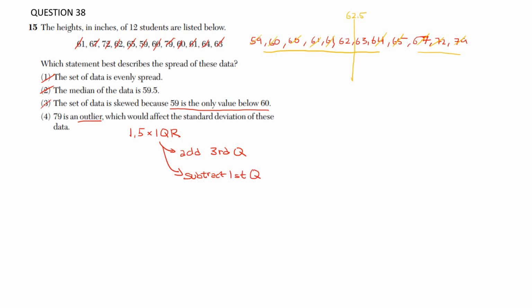In this case, we're only concerned with 79, so it's on the upper side. So we're just concerned with adding 1.5 times the interquartile range to the third quartile. So let's quickly find where the first and third quartiles are.